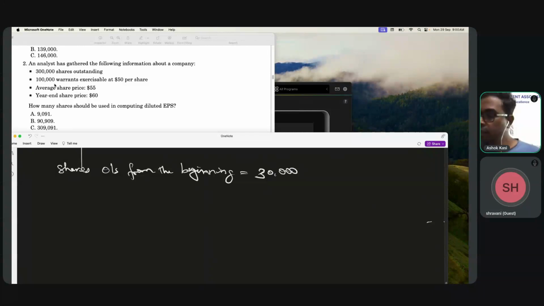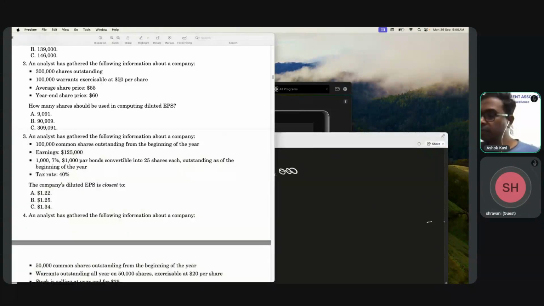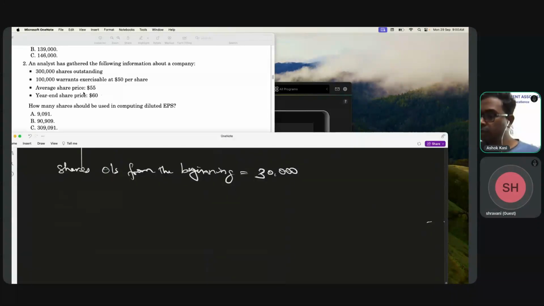Now we are supposed to convert it using the average share price. Year-end share price we will ignore, that is just one day's price. We will focus on the average share price.